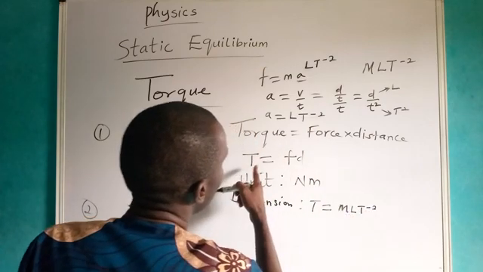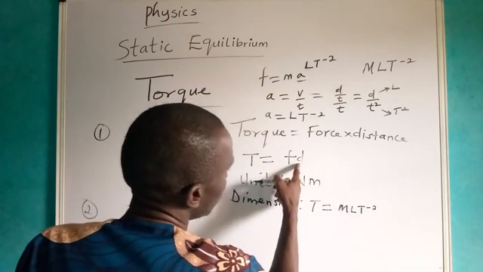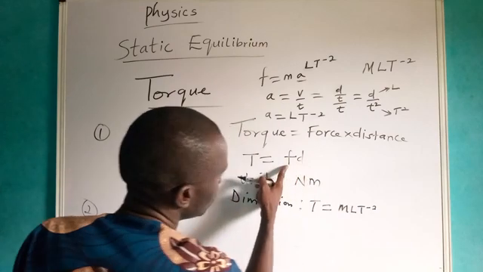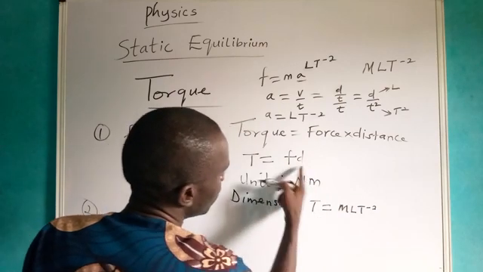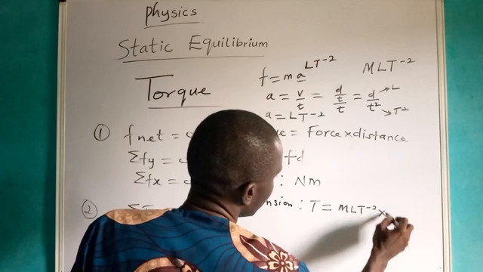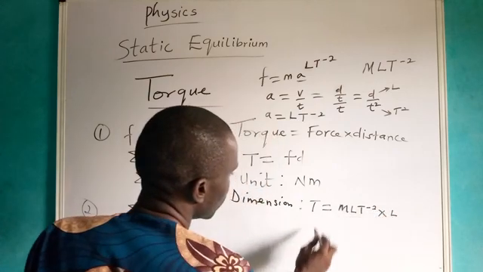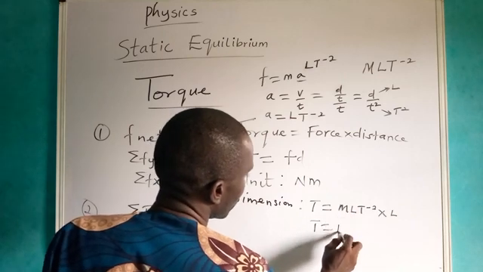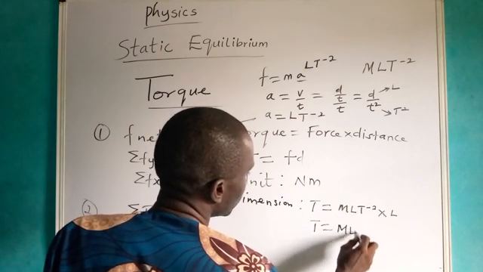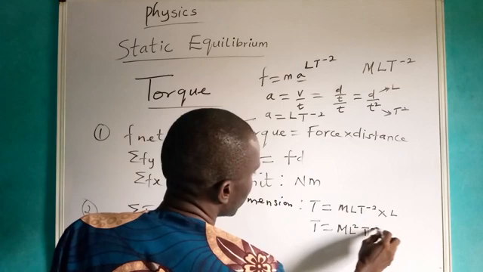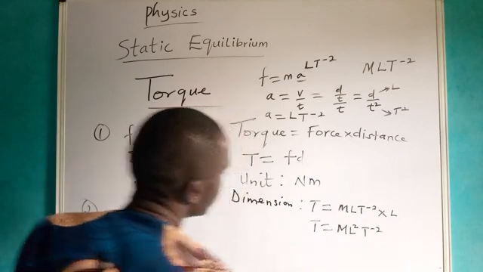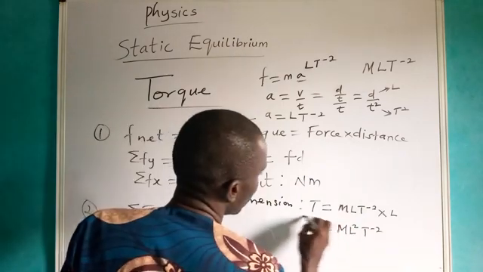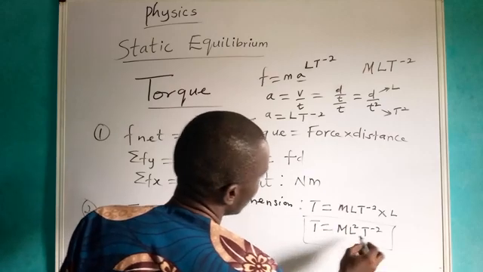And what is the other one? From the formula, we have distance. This one is for the F, while the distance is times L. When we do that, we are going to have torque equal L times L, which is M L squared T power minus 2. Therefore, this one is the dimension for torque.